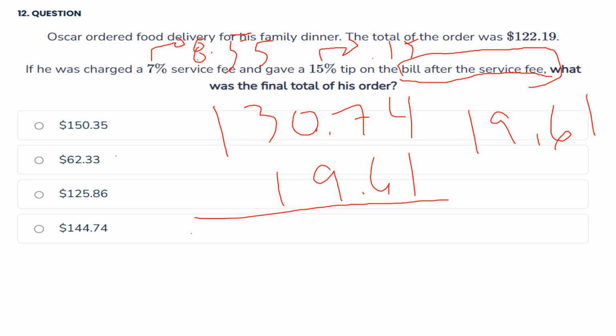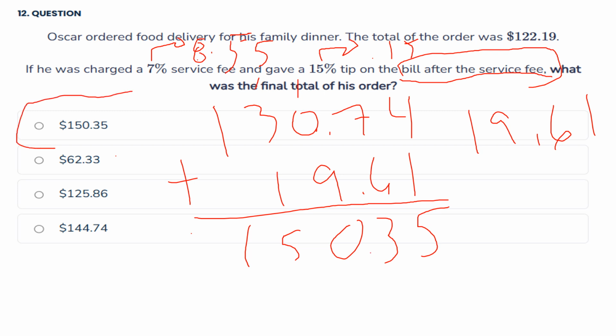All right, we add those two numbers. 4 plus 1 is 5. 7 plus 6 is 13. Carry the 1. 1 plus 0 is 1. 1 plus 9 is 10. Carry the 1. 1 plus 3 is 4. 4 plus 1 is 5. And then 1 plus 0 is 1. And we just put our decimal point there. So that means that this is the answer.